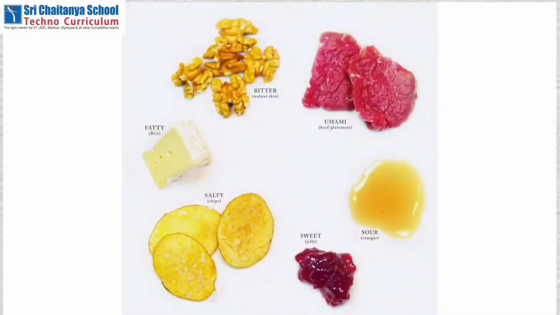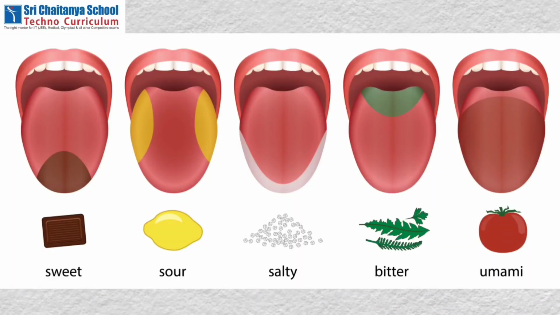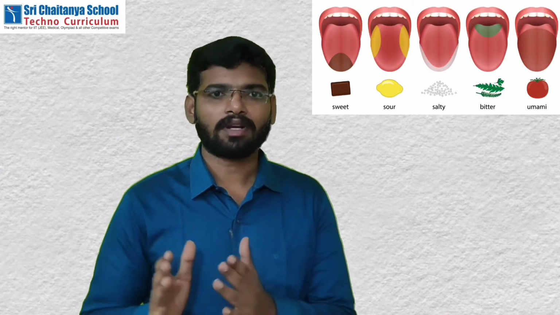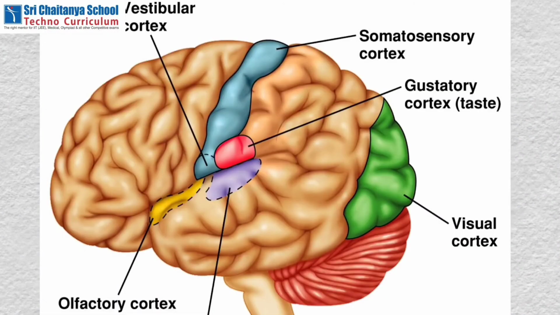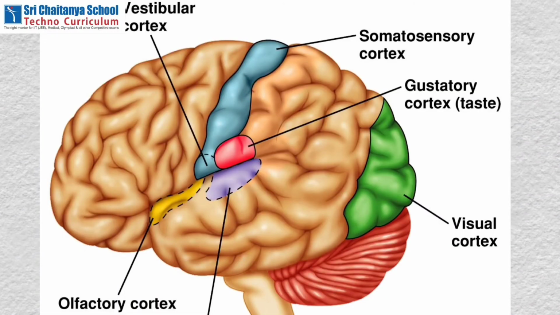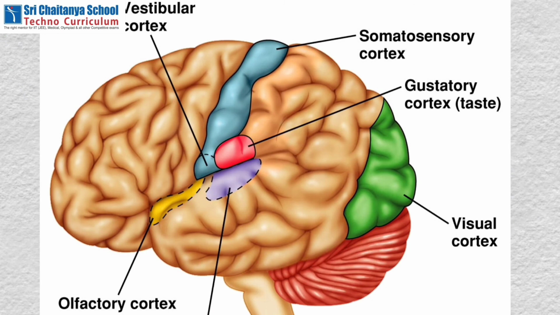For the 5 tastes, in our tongue, different regions are allotted. These regions specially recognize the different tastes: for the salt, for the sweet, for the sour, for the bitter. And these areas are in contact with particular tastes. The taste is converted into nerve impulses and reaches the brain and the taste is perceived.